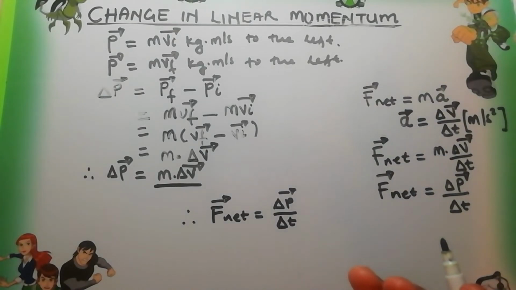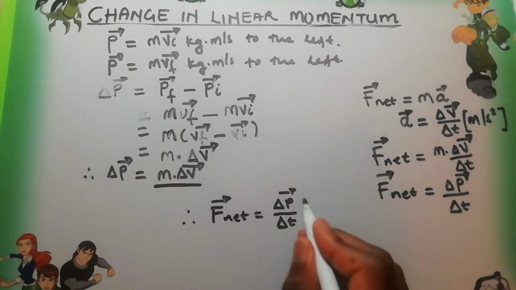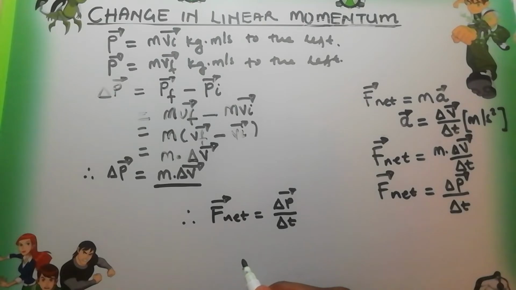This is how Newton's second law is related to change in linear momentum of an object. Hence, from this formula, we can come up with a new definition: net force equals the rate of change in momentum of an object. So this is how you can define F net.